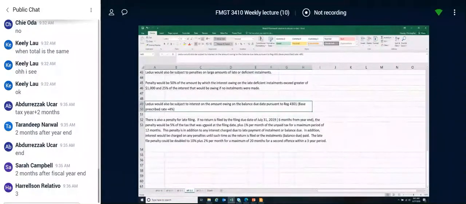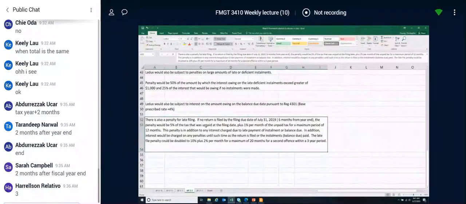So the key thing is, in the worst case scenario, say for whatever reason you're not going to be able to finish your return on time, at the very least, make all your payments, then you won't have any issues around interest or penalties.